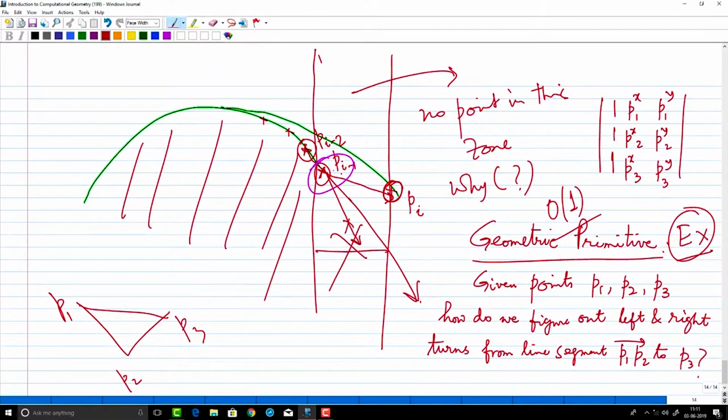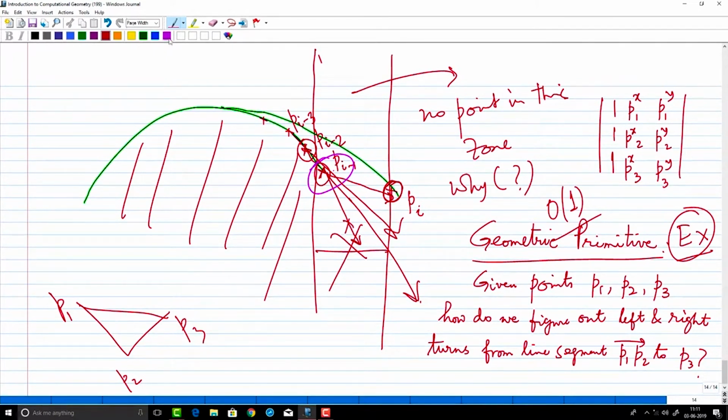So, next what do you do? pi minus 1 has no business being in the hull, so what remains now is pi minus 2 and pi minus 3. Again you do the same thing, and again it is a left turn.